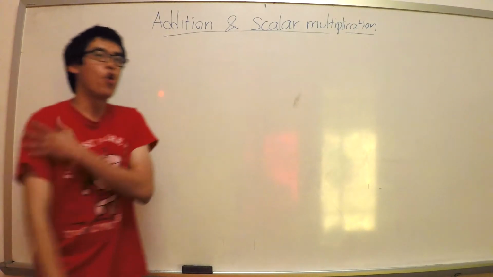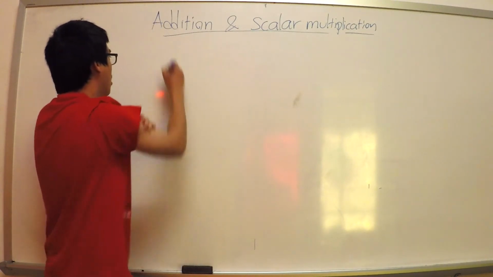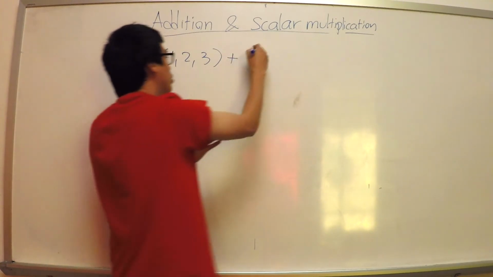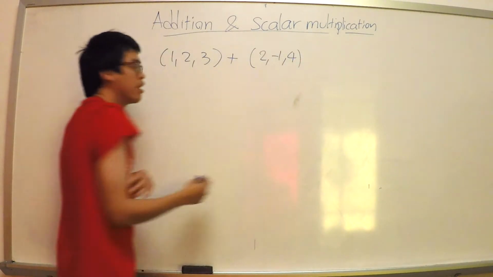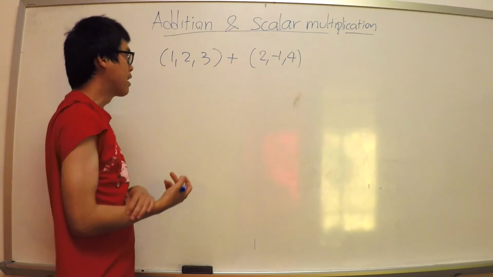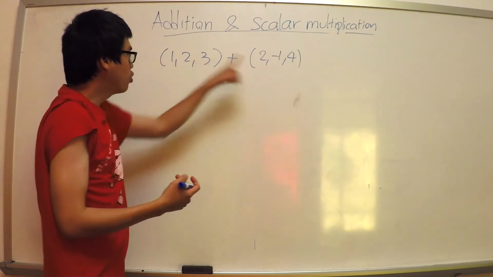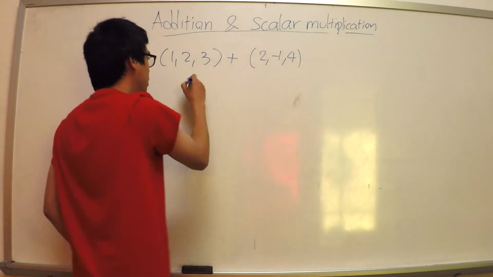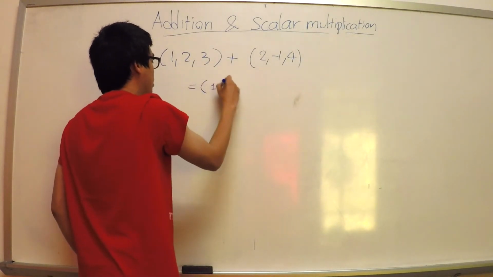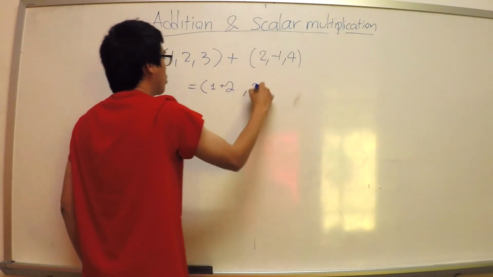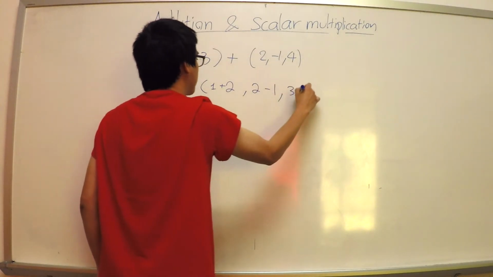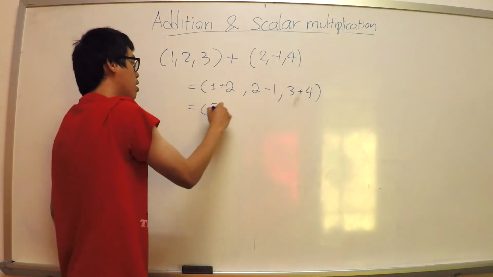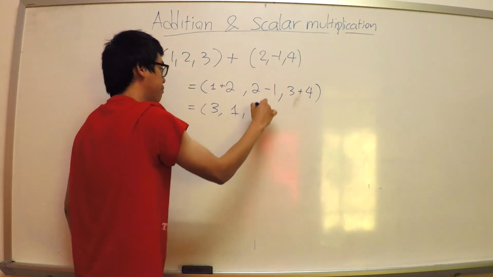So when you have two vectors and you want to add 1, 2, 3 to another vector, it works the way you would expect, meaning you add 1 to 2, you add 2 to minus 1, you add 3 to 4. So it's going to be 1 plus 2, 2 minus 1, 3 plus 4, and the final result is still a vector: 3, 1, 7.